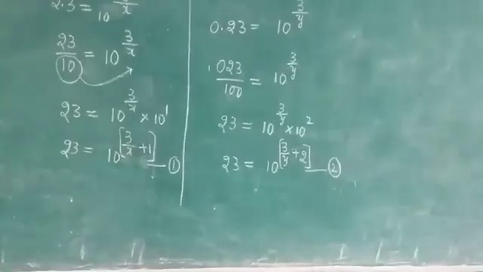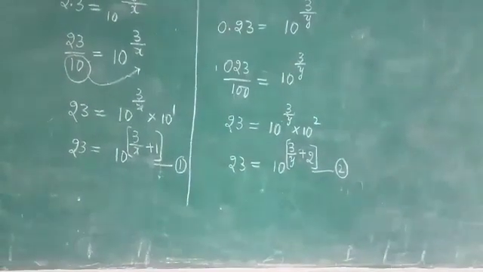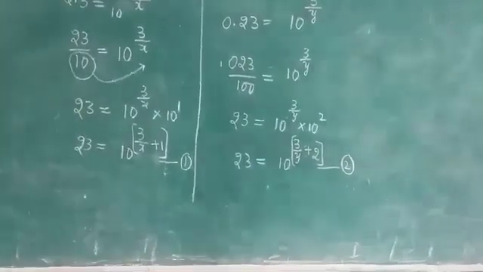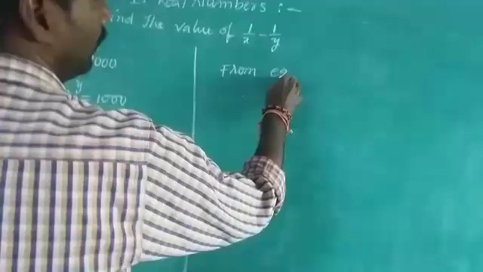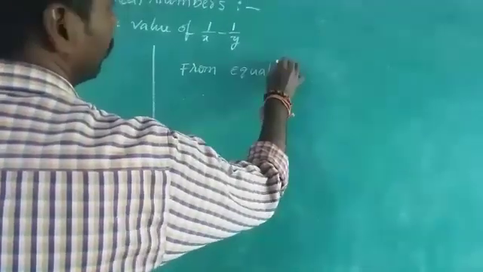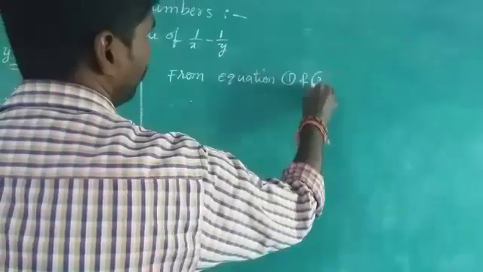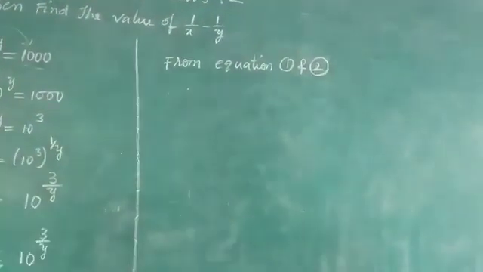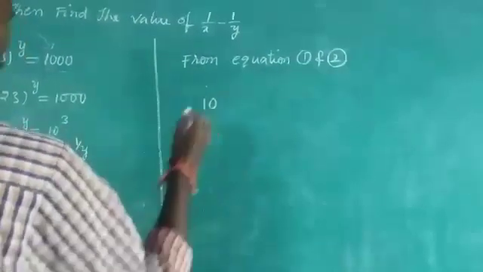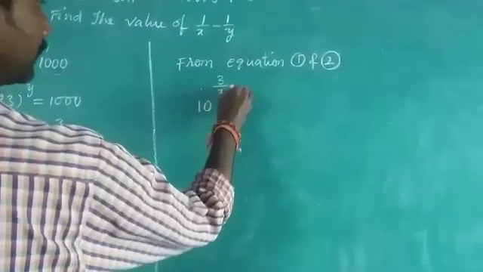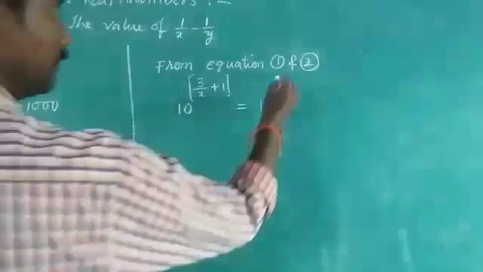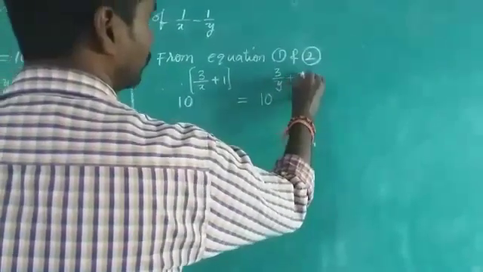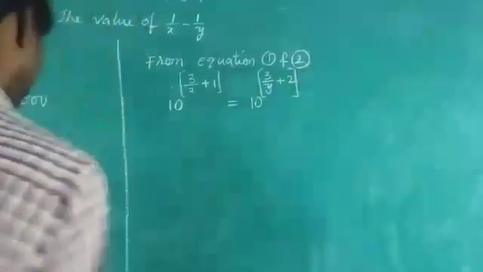So I wrote clearly one by one, you need to understand that is equation 1 and this is equation 2. Now from equation 1 and 2, what can you write? 10 to the power of 3 by x plus 1 is equal to 10 to the power of 3 by y plus 2, equal you can write.